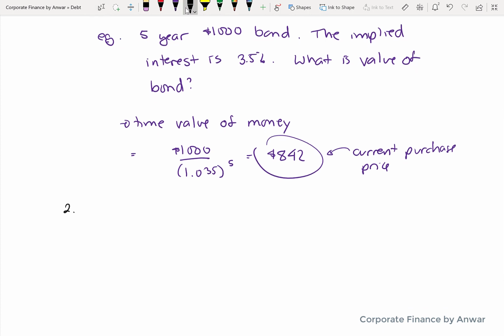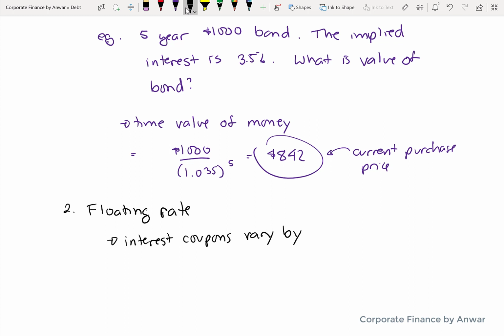Okay, so the next one is a floating rate bond. Traditionally bonds will have a fixed interest rate, like mortgage rates, which can be either as well, and you can actually get a bond set up so that it'll have a floating interest rate, which means that the interest coupons will change as the prime rate changes.